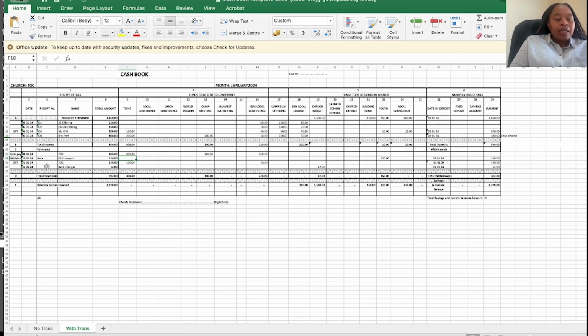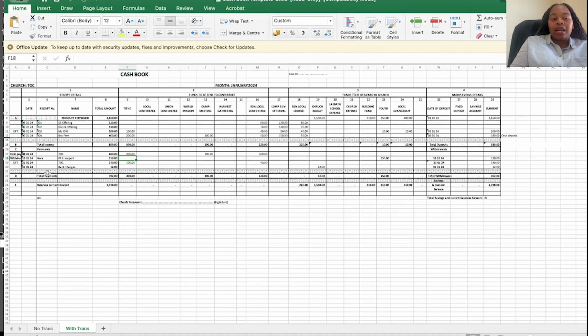Okay. The next one, at the end of the month, we've got our bank statement. We're balancing our cash book. We look for bank charges. We calculate all the bank charges, and we put them also as payments, because we are paying the bank with the bank charges. It's money that went out of our account. So we need to update our cash book with the bank charges.